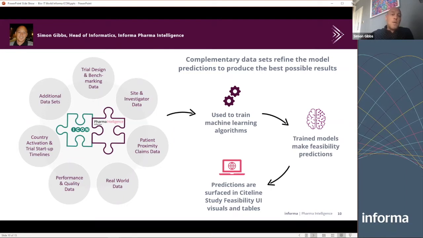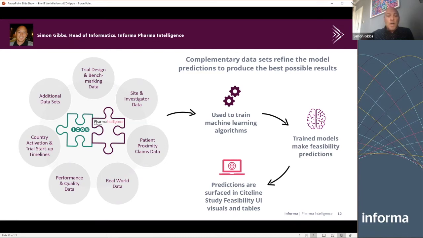Where you may be using more traditional statistical methods to forecast future enrollments, we look to understand how the machine learning algorithm compares to that. We then use a combination of different machine learning algorithms to make the feasibility predictions.